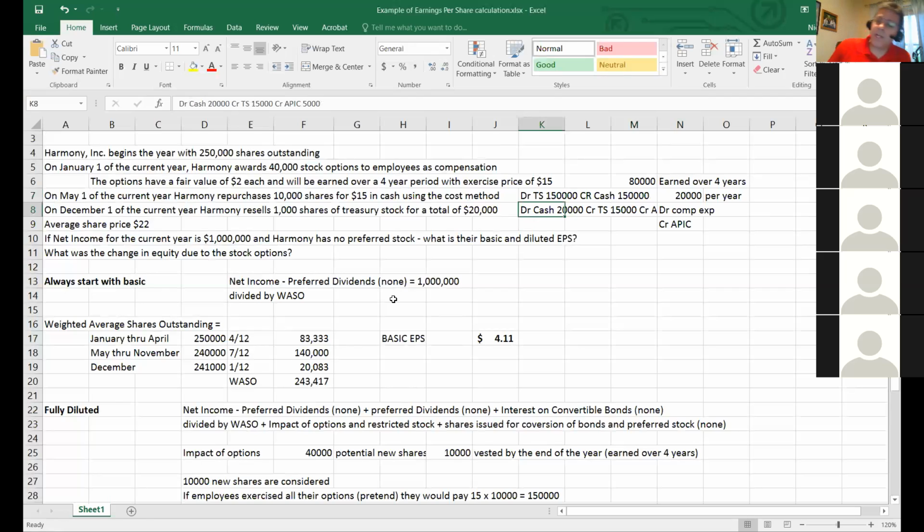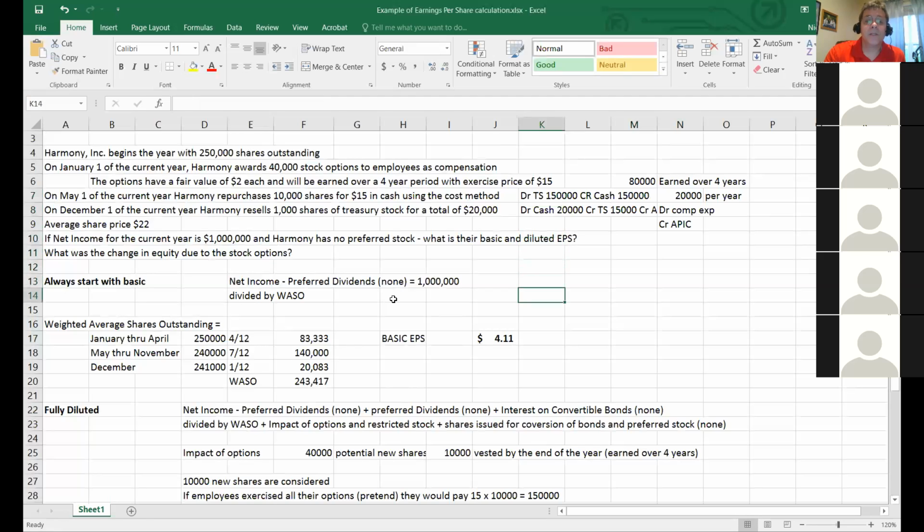And if you'll remember, we liked FIFO, we did not like LIFO, so that's the good news. But yes, if you have multiple purchases of treasury stock, and that's the case in real life, companies are buying treasury stock all the time. So yes, FIFO would be an important assumption.